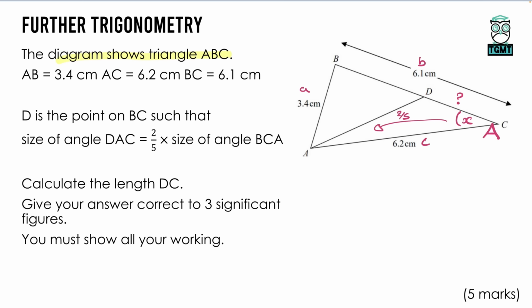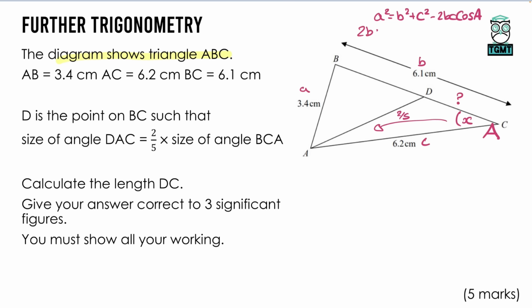Now, the cosine rule, if we kind of draw it small up here, is a squared is equal to b squared plus c squared minus 2bc cos A. Now, we need to work out an angle, so I need it to be cos A equals. Now, if I do that in one step, I add the 2bc cos A to the other side and subtract the a squared.